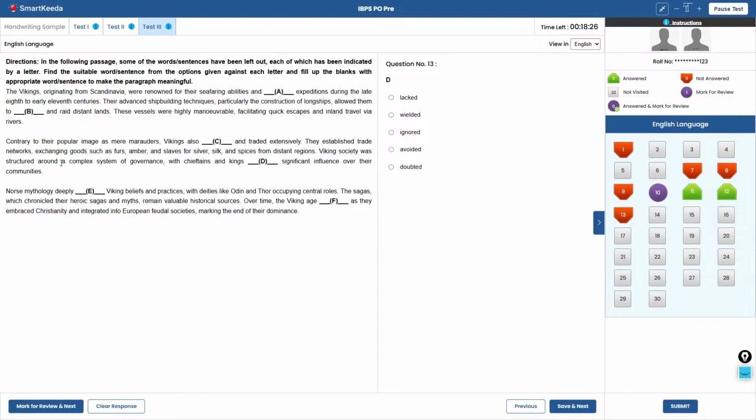Society was structured around a complex system of governance with something and kings dash significant influence over their communities.